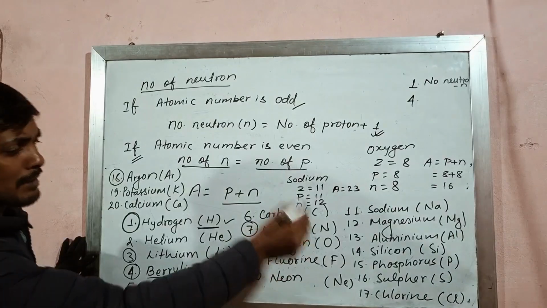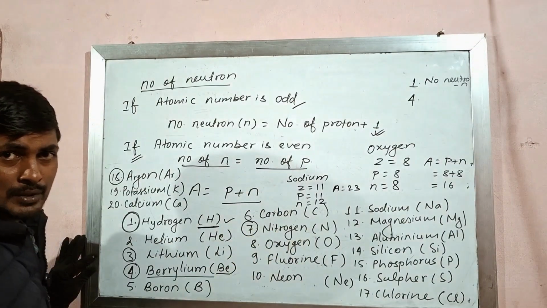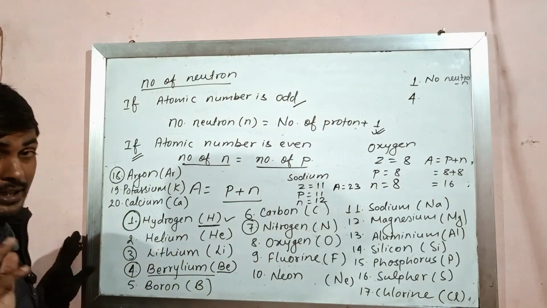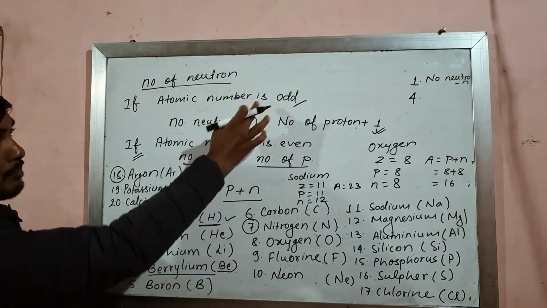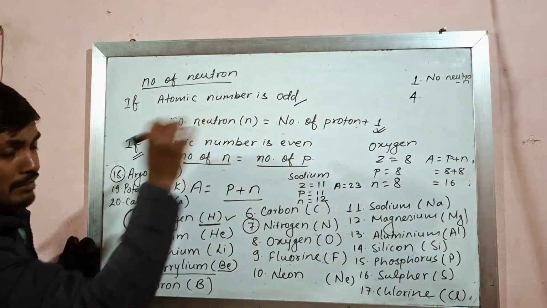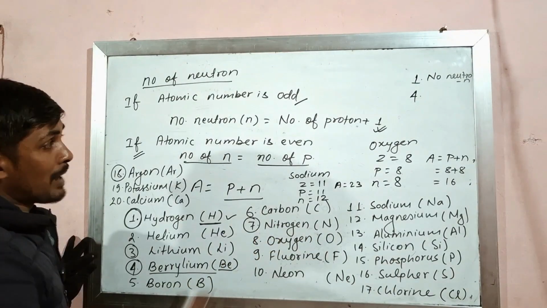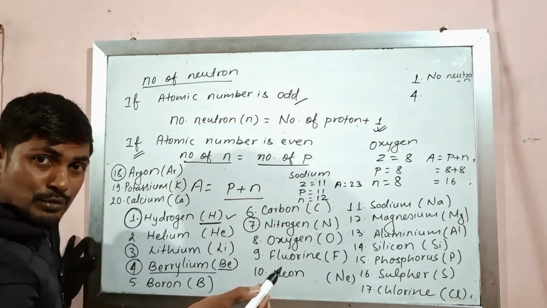Then 7 number, what is there? Nitrogen. Nitrogen is 7 number. This 7 is odd number, but we do not apply here the odd rule. We have to apply in case of 7 number even rule. That means there are 7 proton. By this rule, there should be 8 neutron.